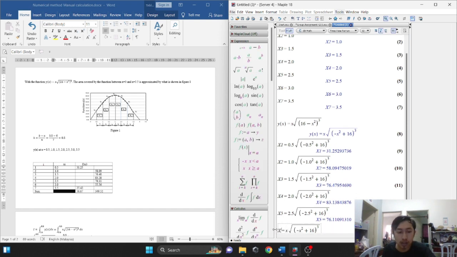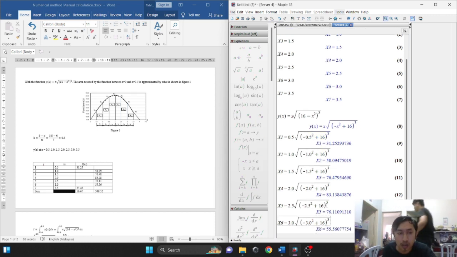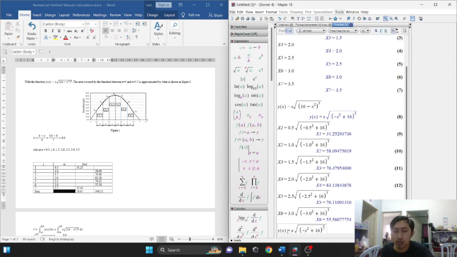For x6, which is 3.0, change the value. The answer is 55.56. So also the same as the manual calculation. Okay, at 6 with 55.56, and then for 7 it is 3.5.